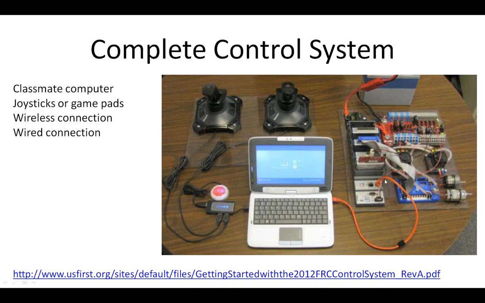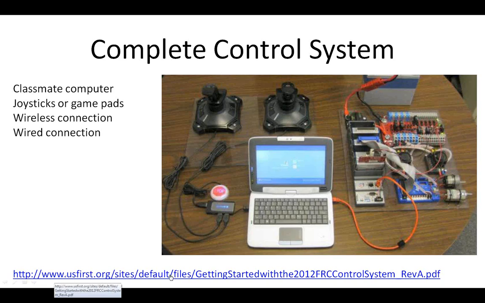Here's that robot control board, and this is called the Classmate computer. This is called the operator's interface, and there's a couple of joysticks, or I think it might be a couple of game pads this year. These communicate either wirelessly or through a tether to the actual robot itself, and then the robot is able to drive these motors. So there's a great document right here.